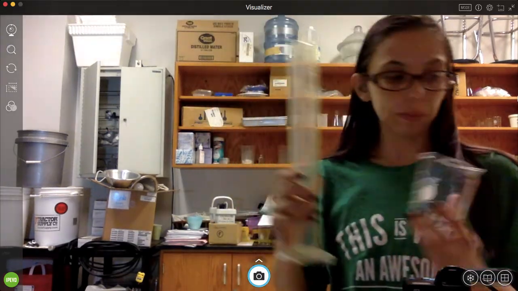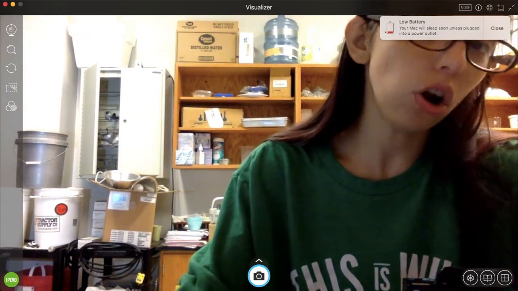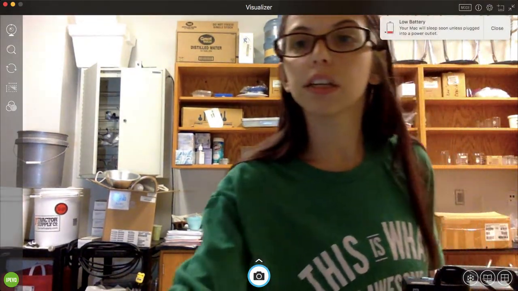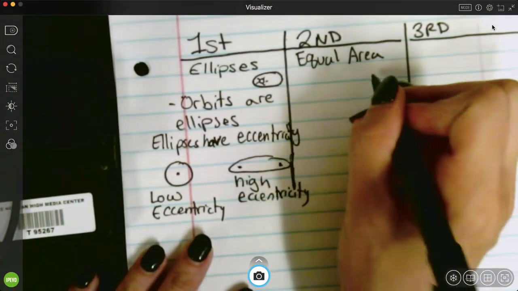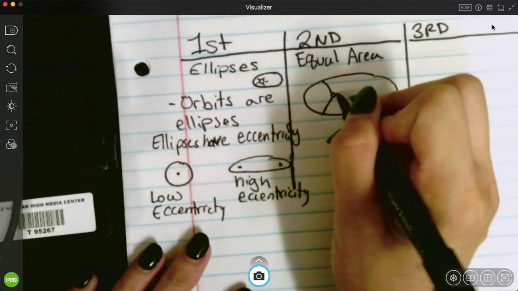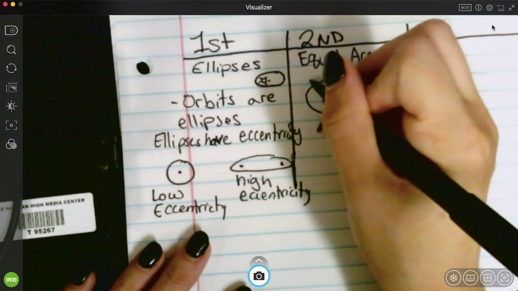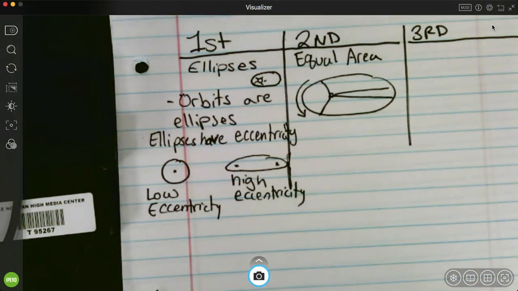When planets orbit, as they get closer to their star, they have to sweep out a greater distance to make the same area.